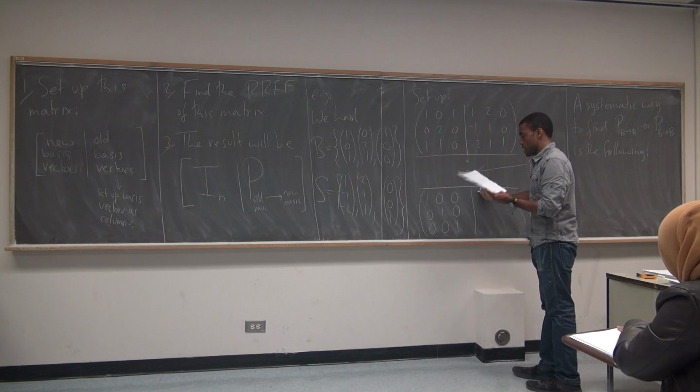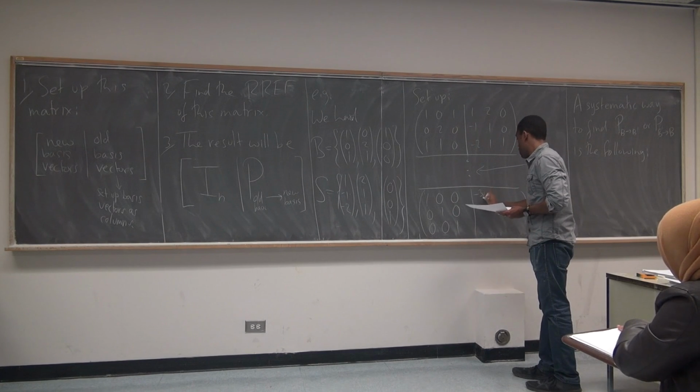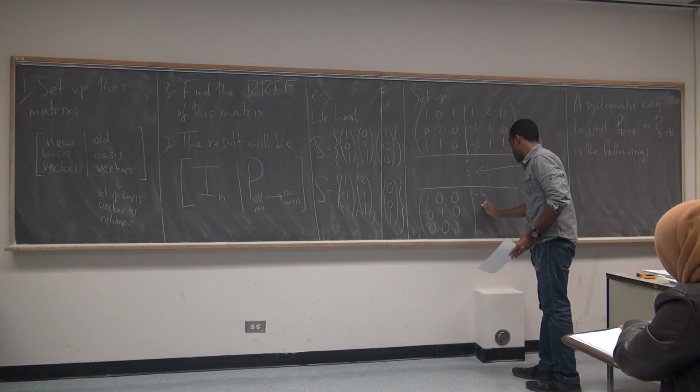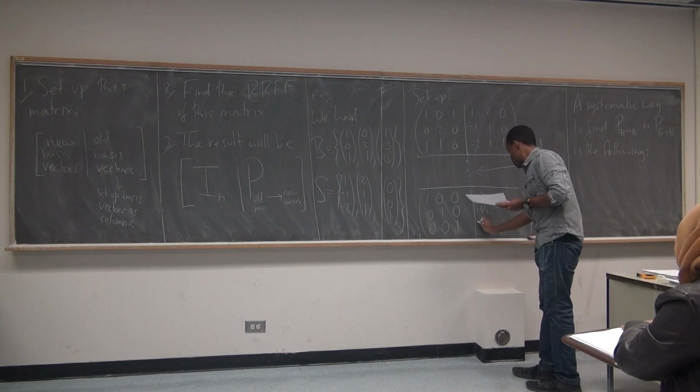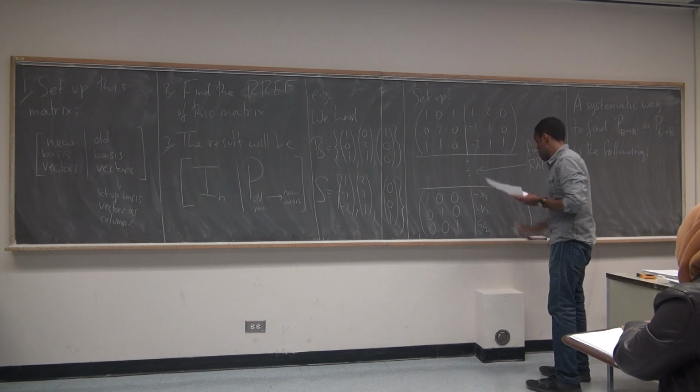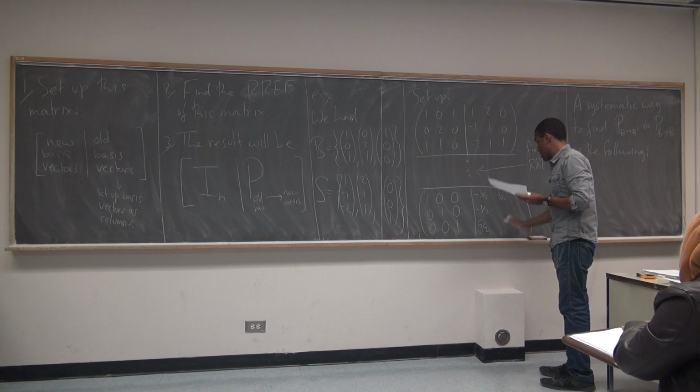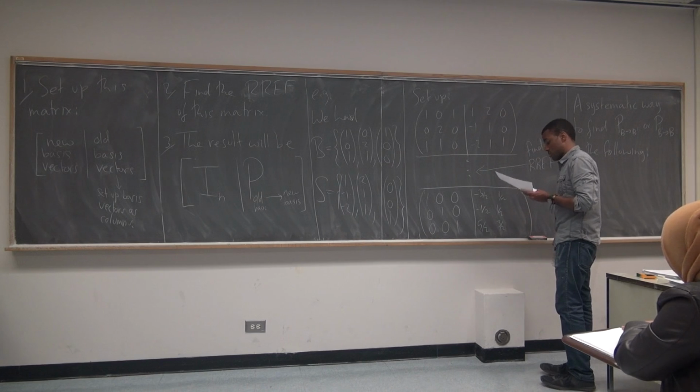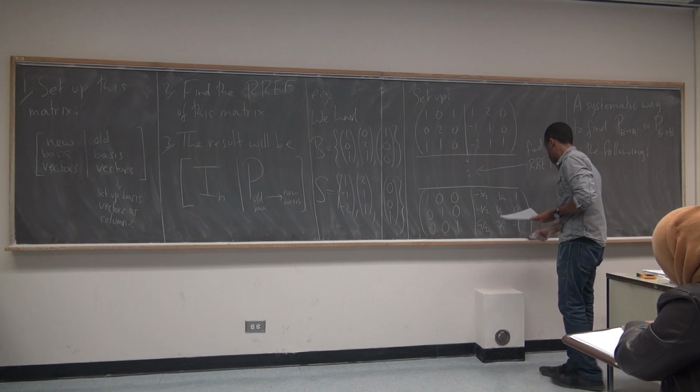the result would have been the identity, 1, 0, 0, 0, 1, 0, 0, 0, 1. And this side would have been the matrix we found before: -3/2, -1/2, 5/2, 1/2, 1/2, 3/2, 1, 0, -1.